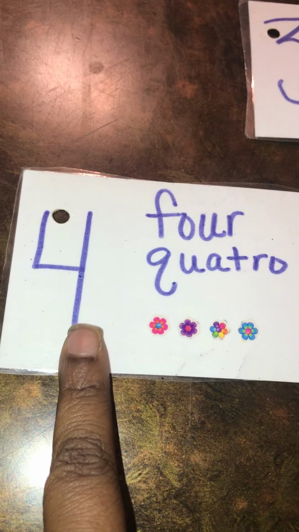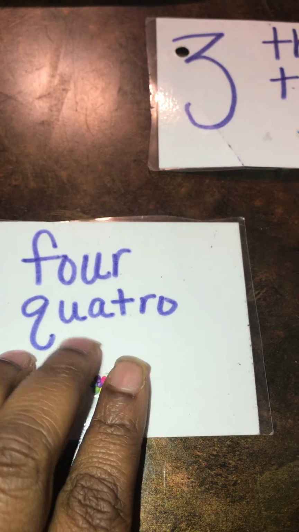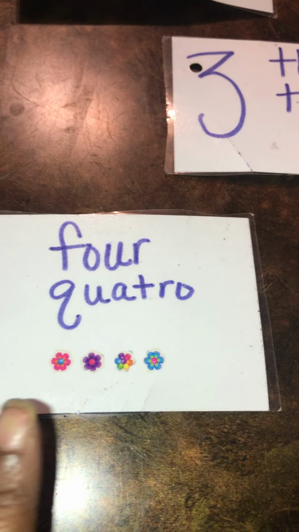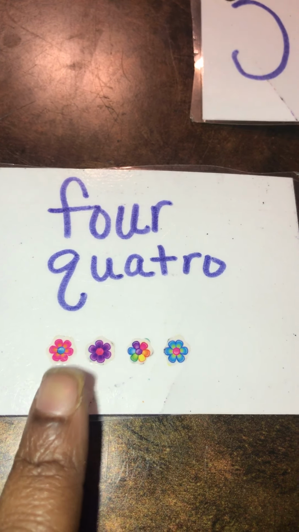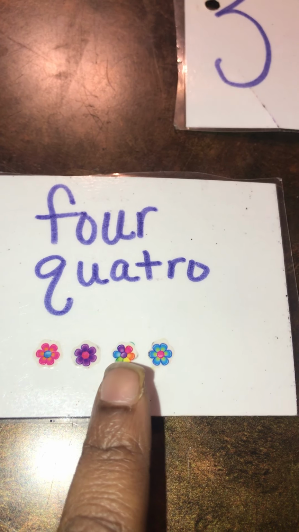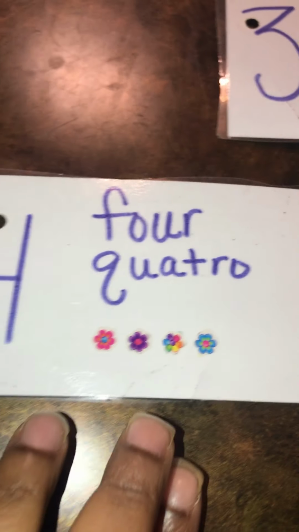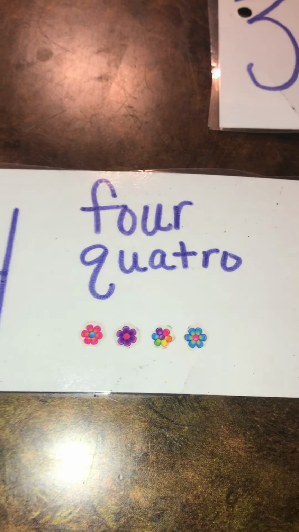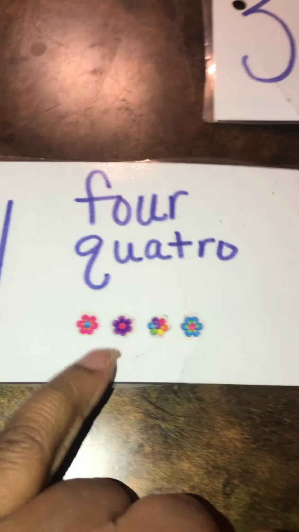We spell 4, F-O-U-R, and it's cuatro in Spanish, and that's kind of flowers. 1, 2, 3, 4. You have the word 4, cuatro in Spanish, and 4 flowers.